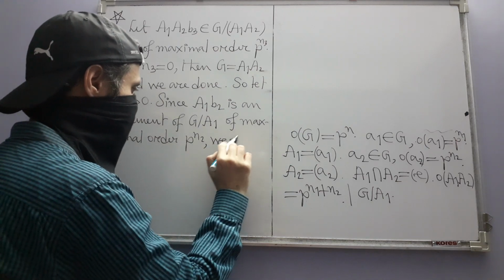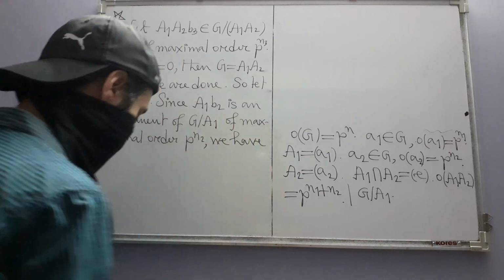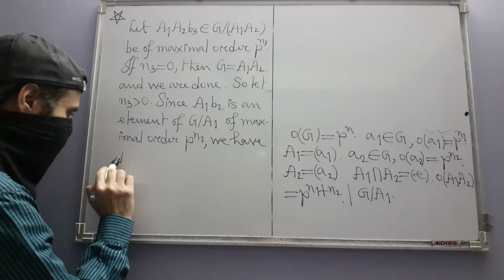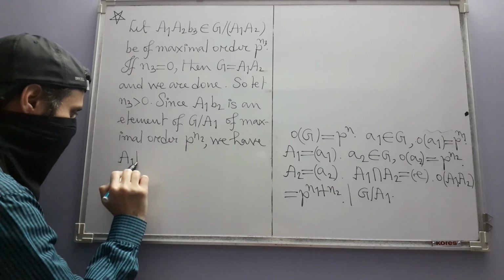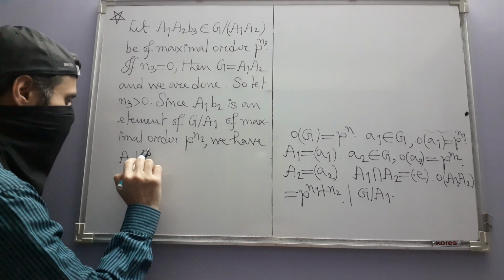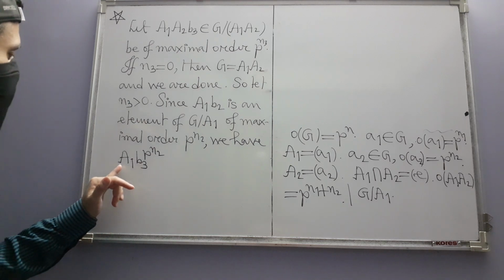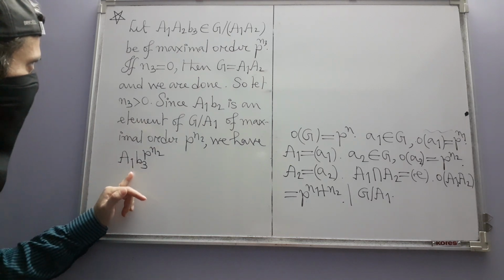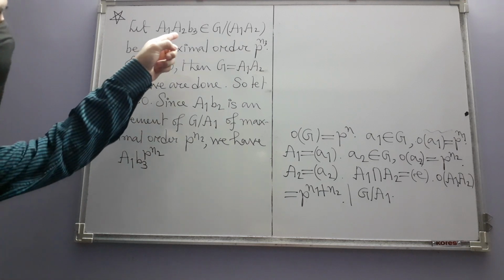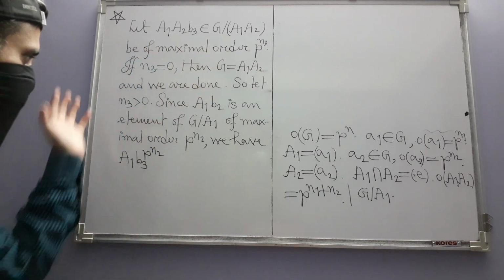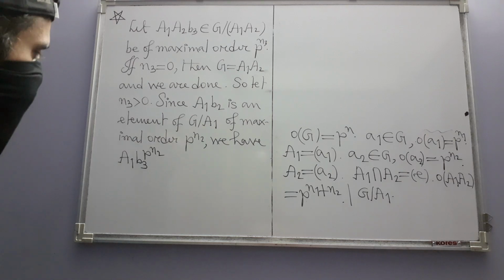Because of this, let us now see what happens if we consider this element. We have to be rather careful with these numbers. Here we have A1 and b3, but the exponent is p to the power n2.